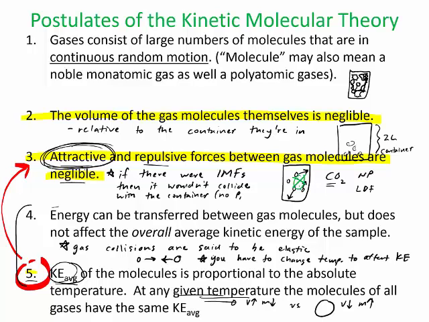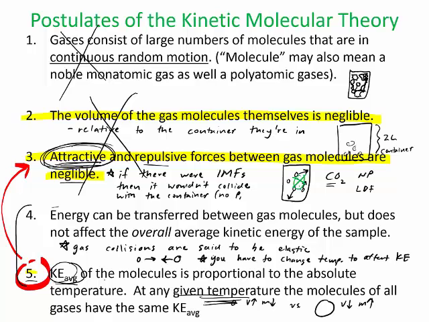We all know that if we put liquid water into a freezer, we're lowering the temperature, so the molecules are going to be moving slower, and then they're going to start to exhibit attractive forces, and it will no longer be a gas. So it will no longer do any of these things if we cool it down.